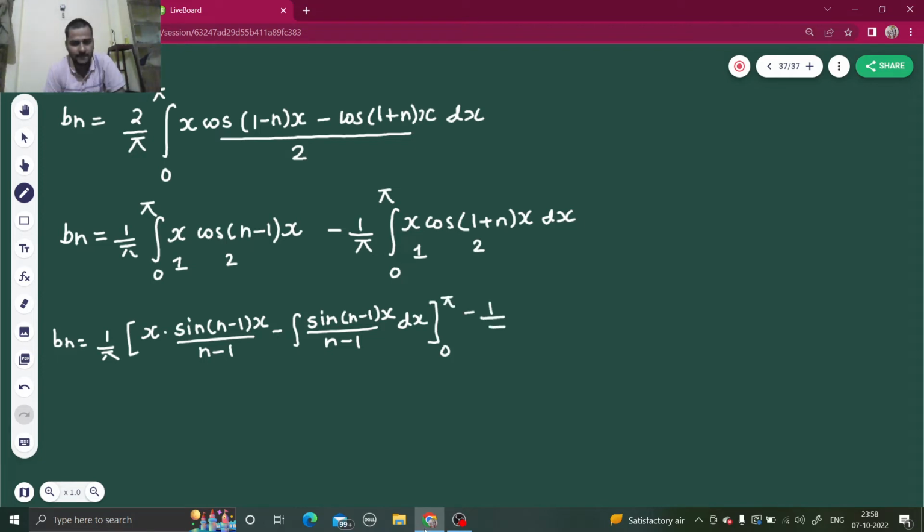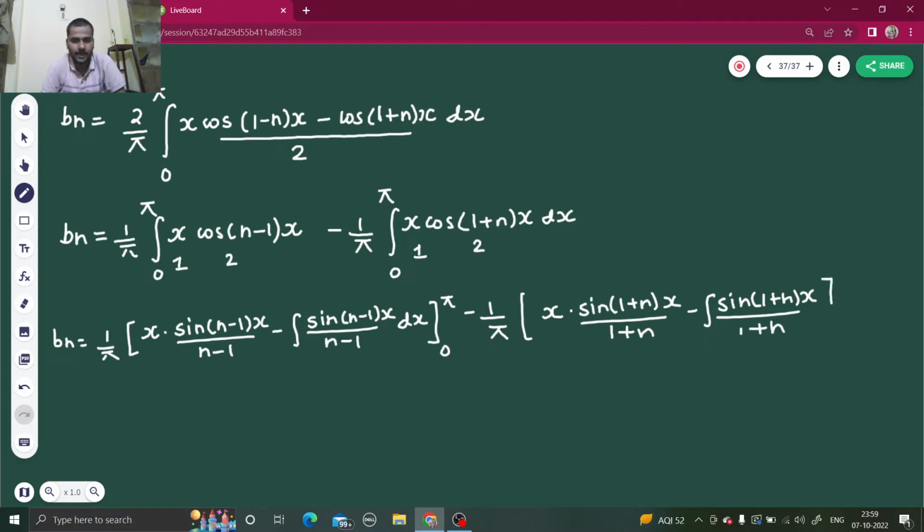Minus 1 by pi, again first function as it is, integration of cos is sin, minus integral of derivative of x is 1, integration of cos is again sin, and it goes all the way from 0 to pi.